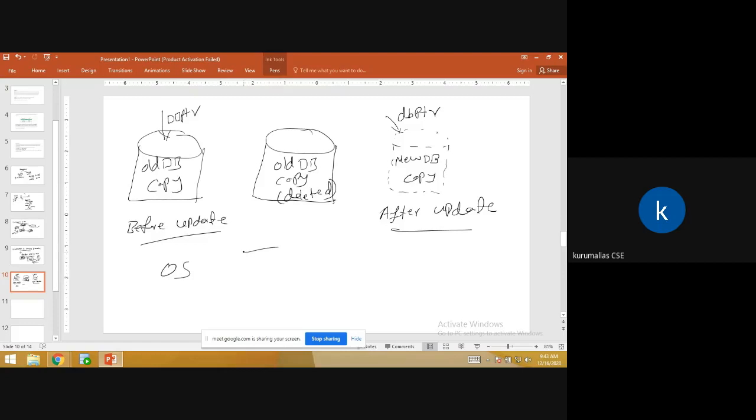This is the disk. That means the entire database is copied from the old database to the new database.